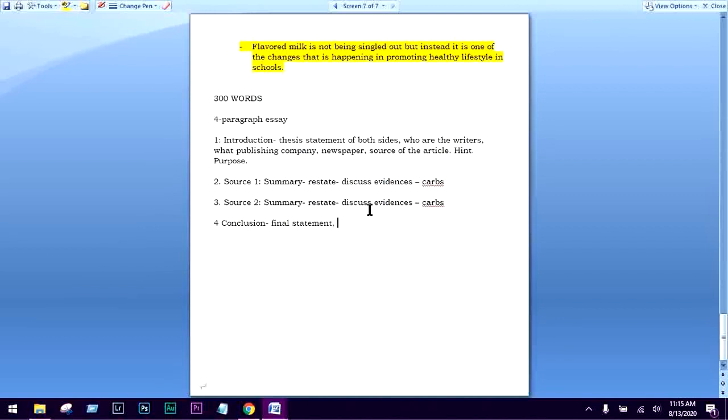Which one has a better argument, and why? So it's just a restatement of your reasons why this one has a better argument. It's your choice. That's it. It's a very simple way to approach it. Of course, there are many ways to approach the extended response, but this is the simplest and easiest way. Now, go ahead and write your essays.